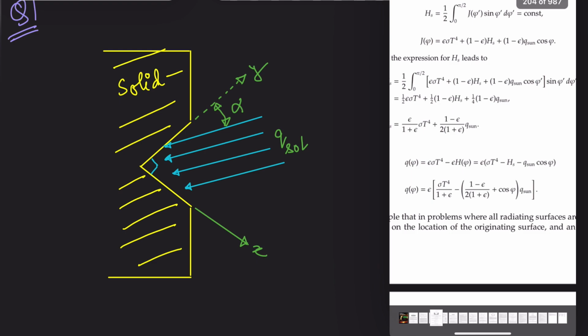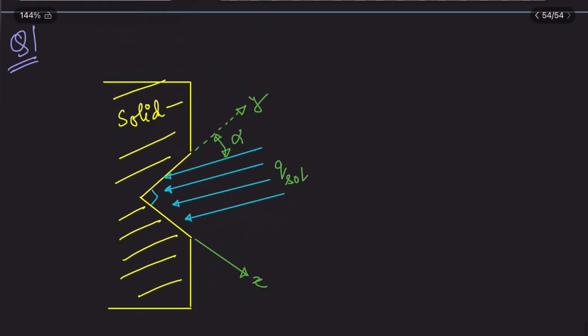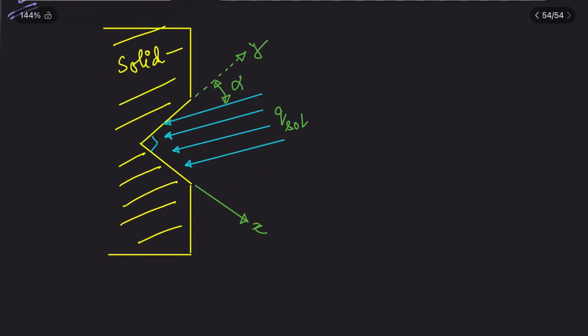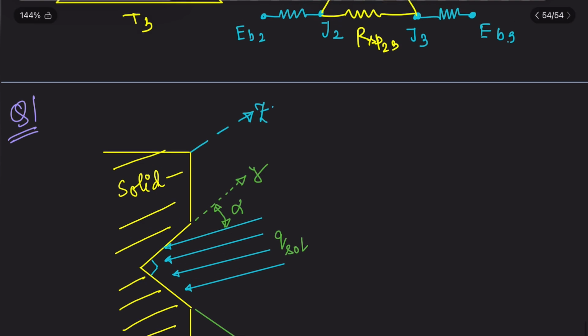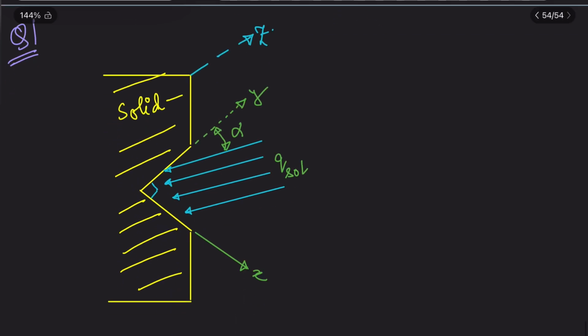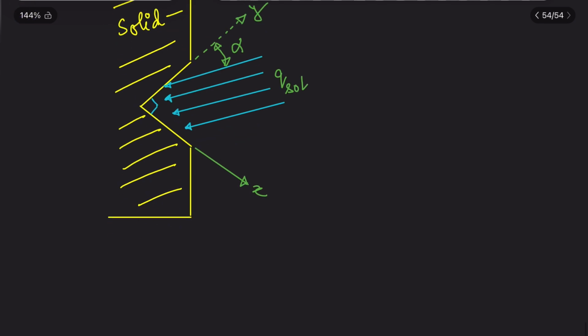So here the problem says that consider it as a groove and I can extend this in the z direction. Now the dimension in the z direction is infinite, so you can take this as a 2D problem.